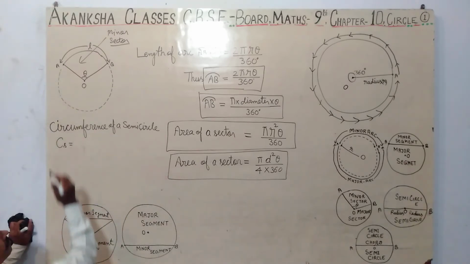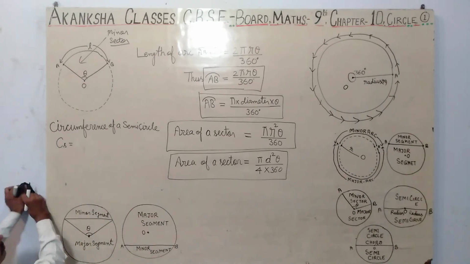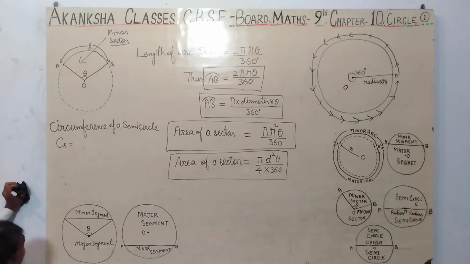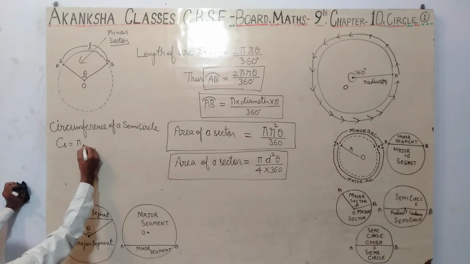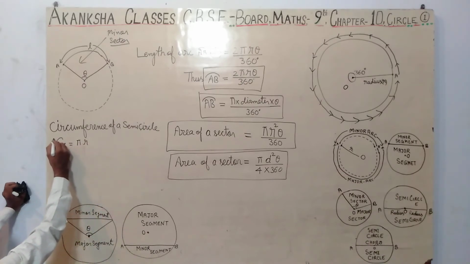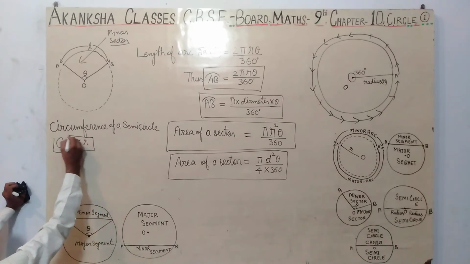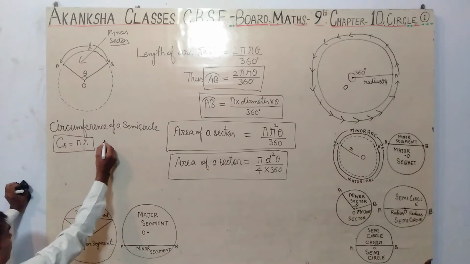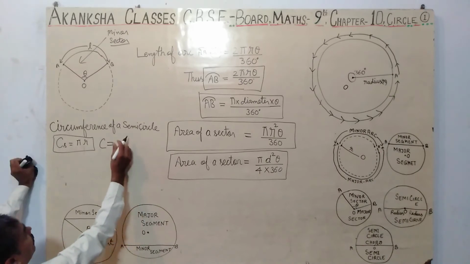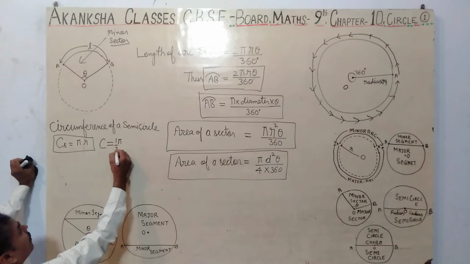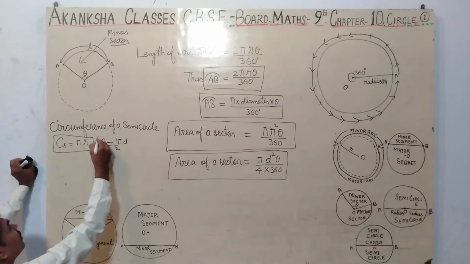equals pi r in terms of radius, and in terms of diameter, half pi into d, where d is the diameter.